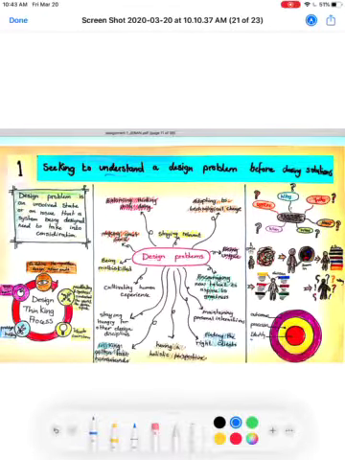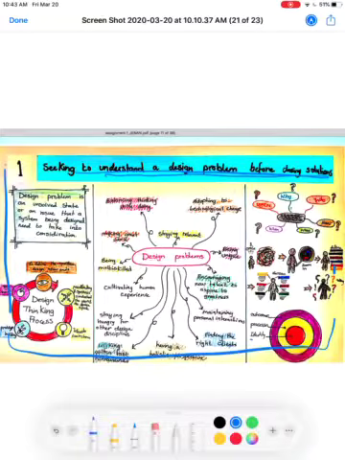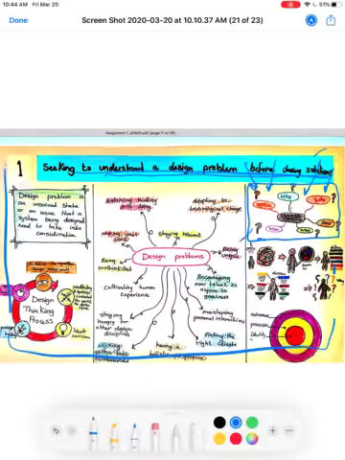A little bit more. To understand the design problem before choosing solutions, this was what I was saying was important. So check this slide, see through it, and see this is how you usually start asking questions. Be like a kid, a child. Why is this here? Who is coming? Where are they going? When do they meet?